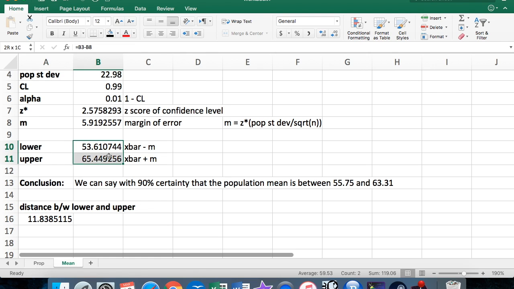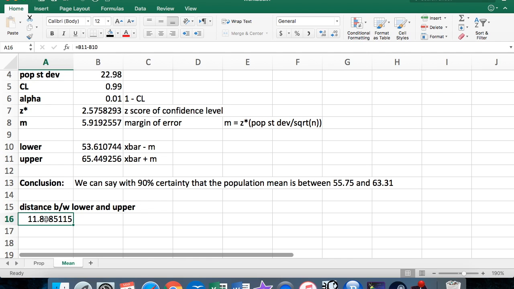Well, the larger your distance between your lower and your upper might increase the chance that mu is in there, but you have a lot more values to choose from when you're actually trying to identify the true value of your population mean, right? So this means that there's a lot more values our population mean could possibly be.